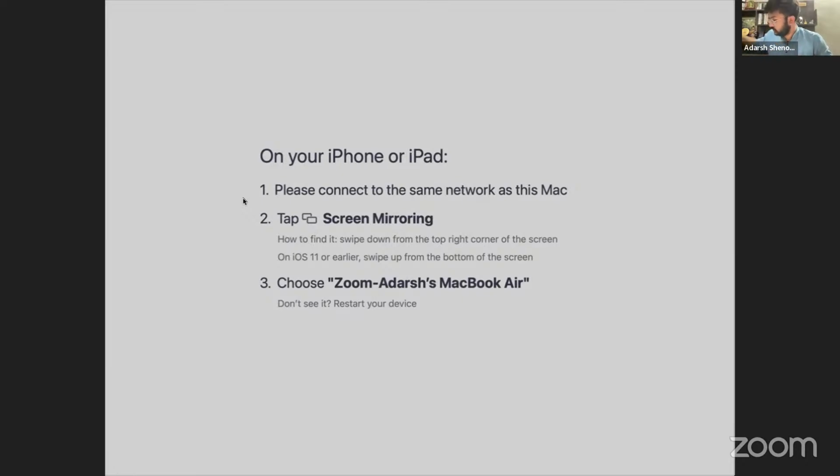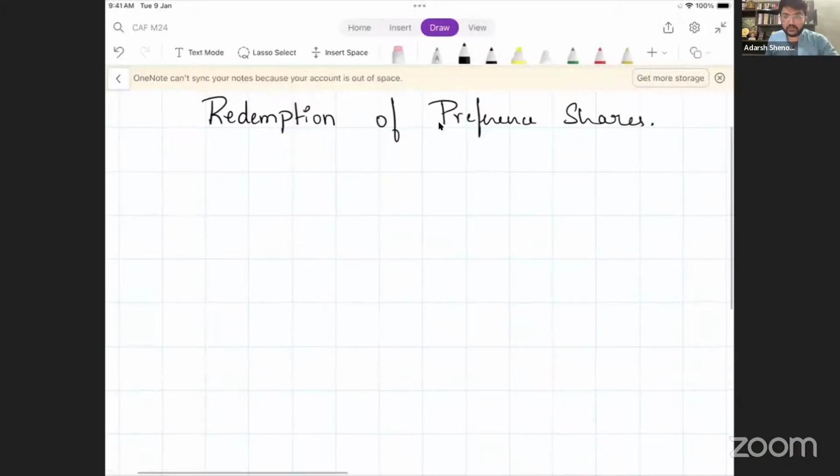One second. Let me just connect it. Yes. Okay. Redemption of preferences.